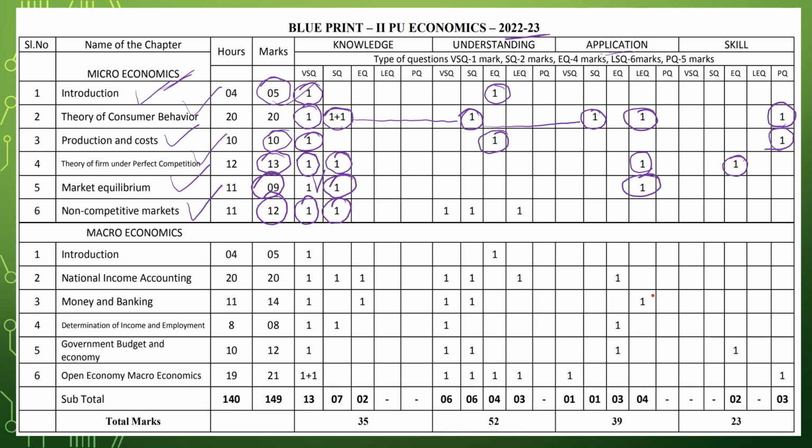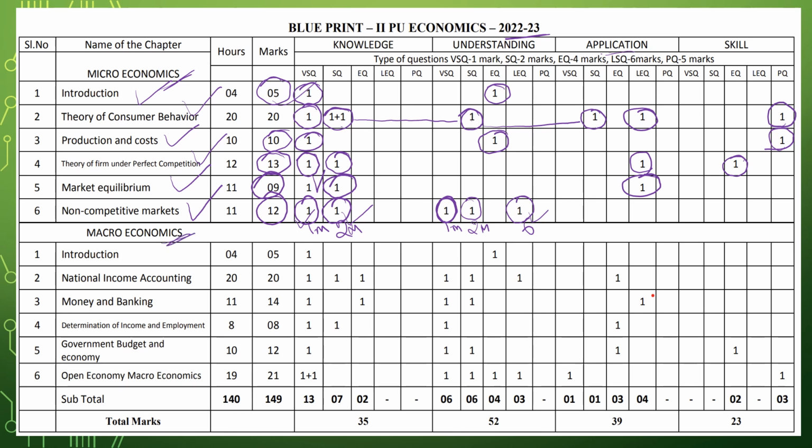Okay, and one more from this chapter under understanding, a 2-mark question, and one 6-mark question they're going to ask. So from non-competitive markets, one 1-mark question and two 2-mark questions plus one 6-mark question they're going to ask.